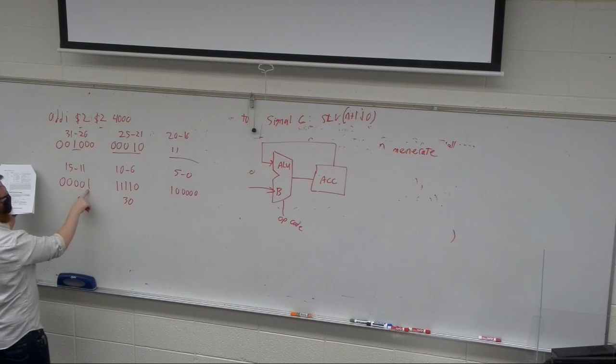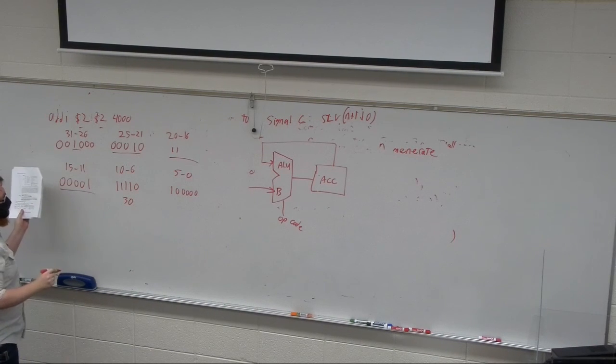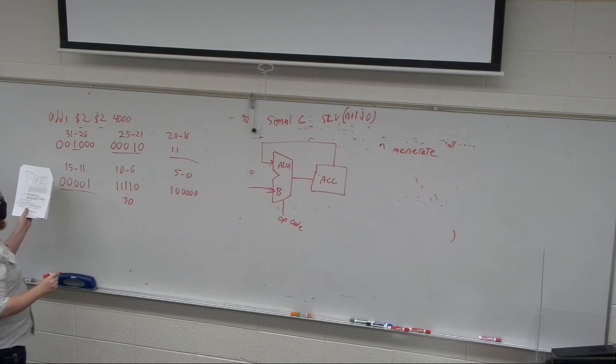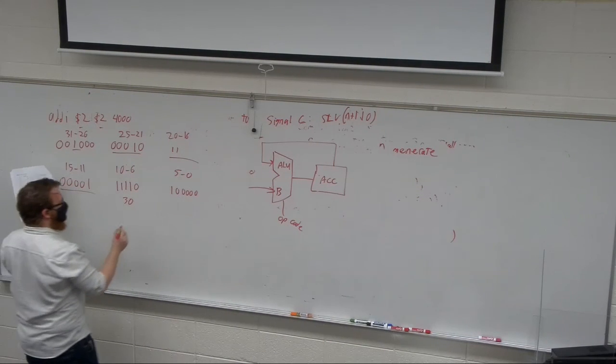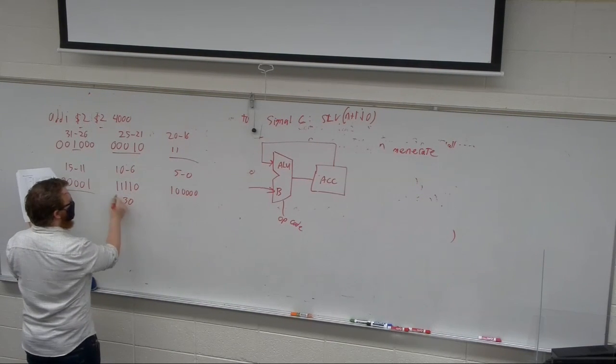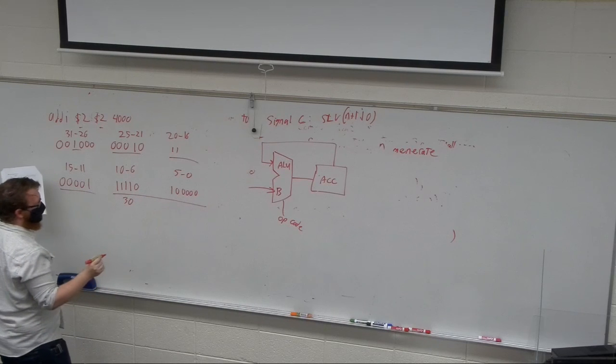So this is a command saying it's immediate. And then the rest of these, does this whole thing add up to 4,000?